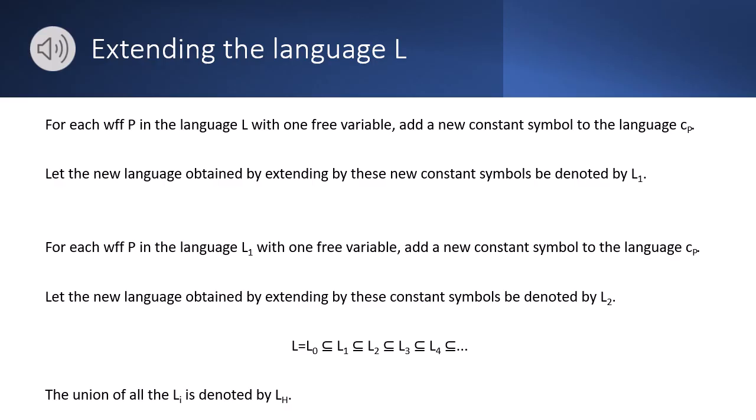So L0 is contained in L1, which is contained in L2, which is contained in L3, and so forth. By the union axiom and the replacement axiom from axiomatic set theory, we're able to form the union of all of these languages. We call the union, after doing this infinitely many times, the language L sub H. So we've expanded our language by adding infinitely many new constant symbols, and we've done that infinitely many times, one for each of the new languages that we've produced.